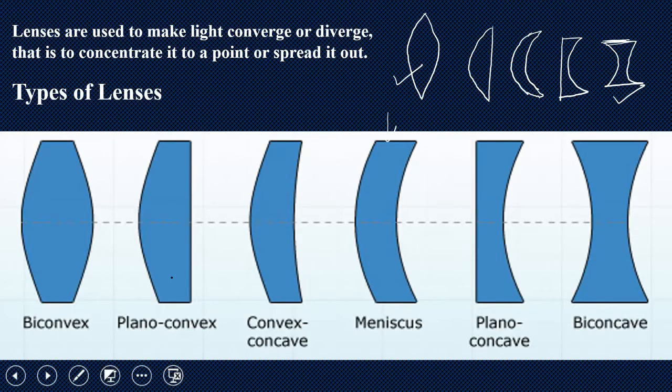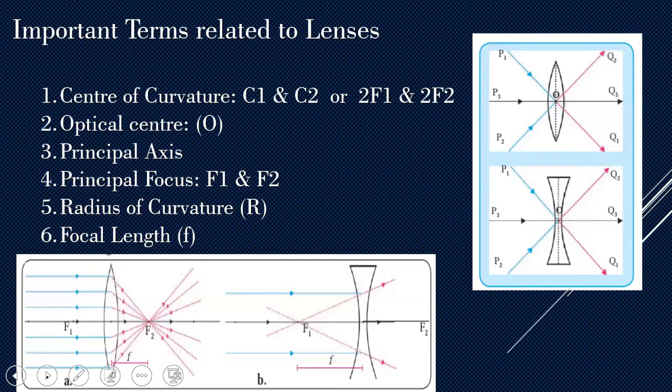So let us first see how these lenses are made and what the important terms related to lenses are, because unless we understand that, we won't be able to understand image formation, right?